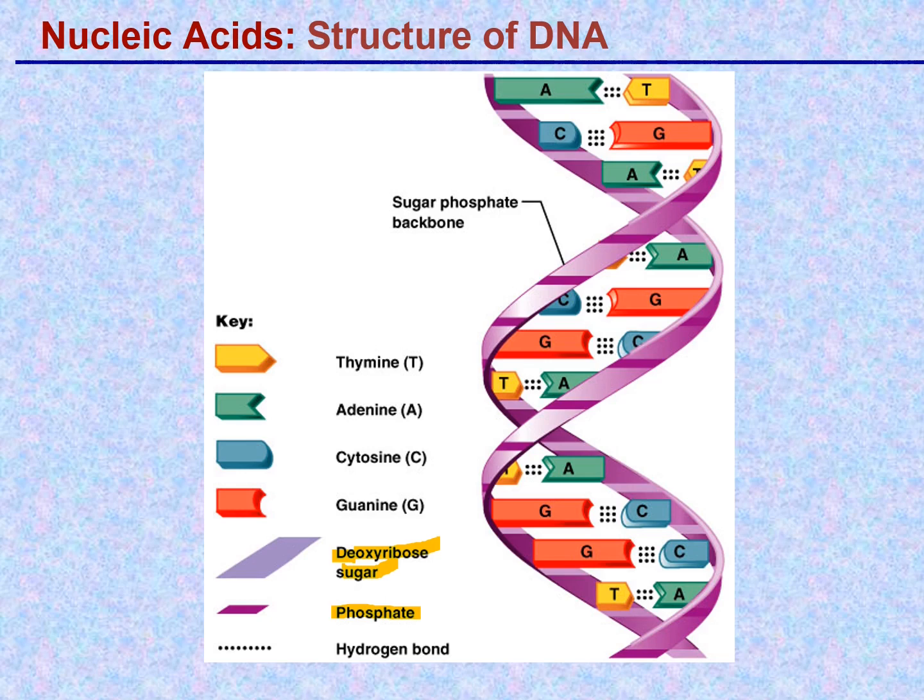And then the steps in this twisted ladder are made up of these four nitrogen-containing bases, A, T, G, and C. If there's an A, which stands for adenine, on one polymer strand, then in the equivalent position on the other side, you'll have a T. If there's a T on the other side, you'll have an A. So wherever there's an A, there's a T, and vice versa, they will associate with each other through hydrogen bonding.